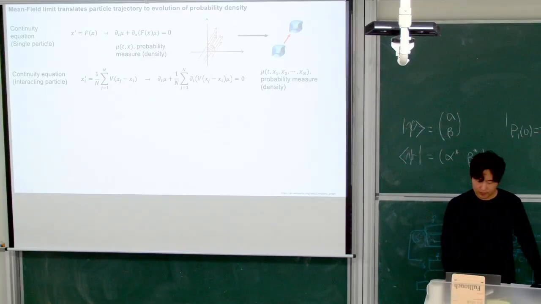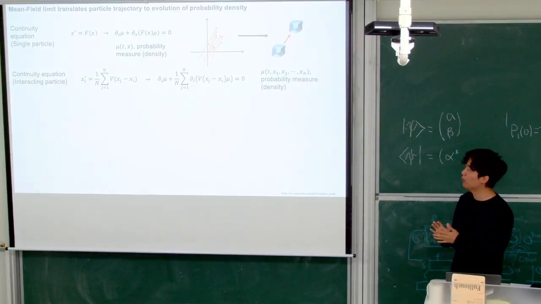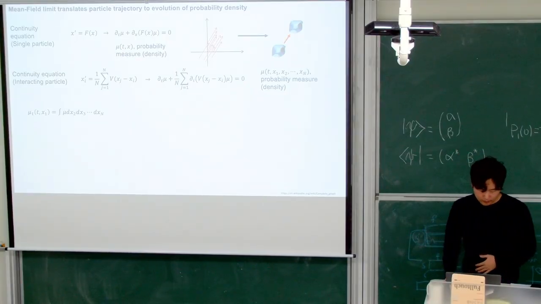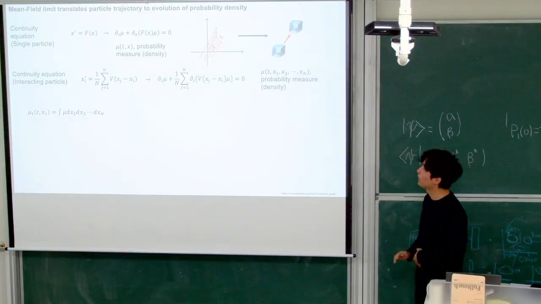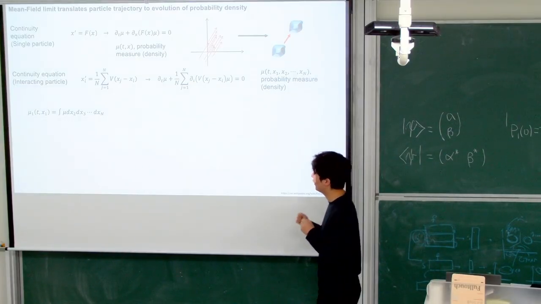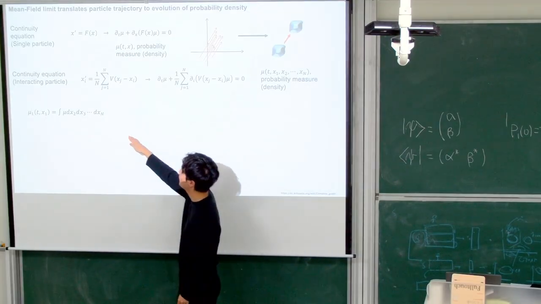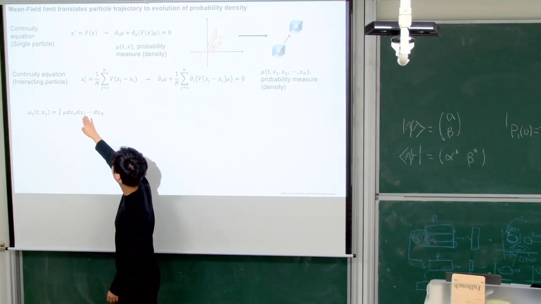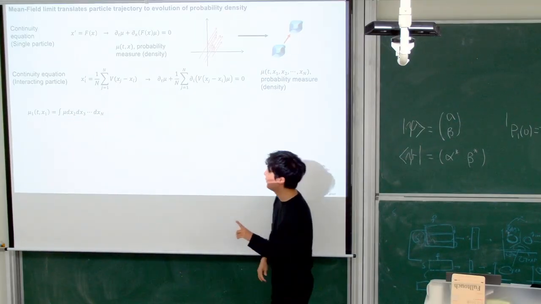So now, how to perform a mean field limit? I will briefly explain this. In order to describe an effective equation, you take the marginal distribution. So you integrate over x2 to xn, so only x1 remains.